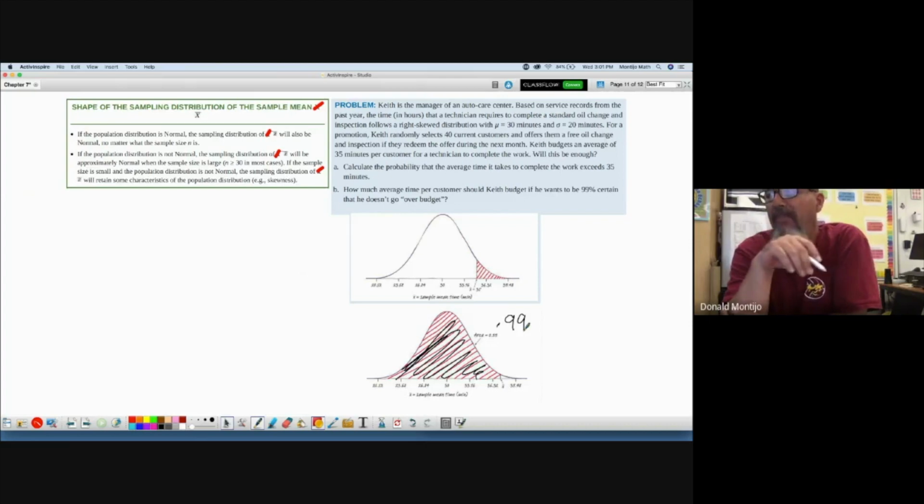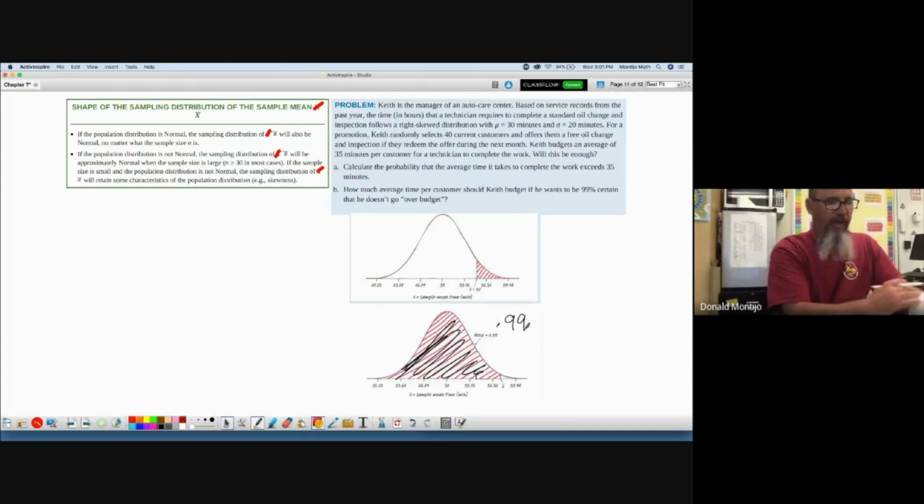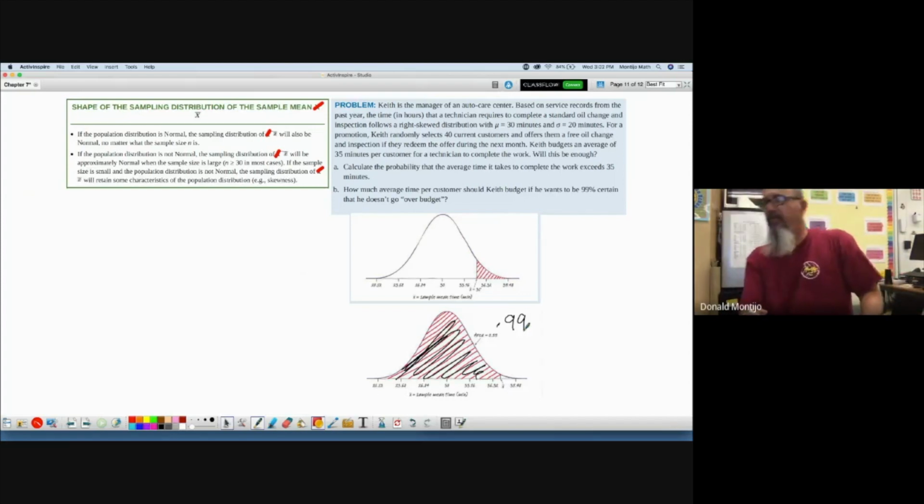So now we're going to work backwards using table A. 99% sure means there's 1% to the right, 99% to the left. Remember that table A can only give us the area to the left. So I look up table A to find what z-score corresponds to 99%. As I go through my handy dandy table A, I see that it is 2.34 or 2.335.